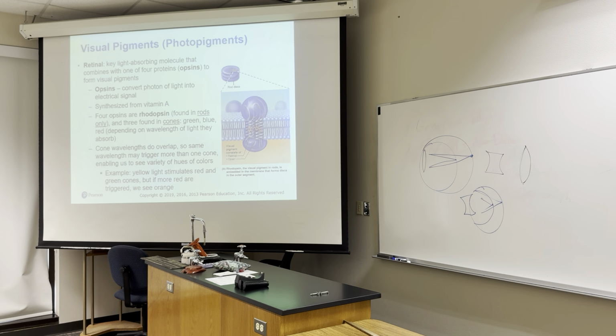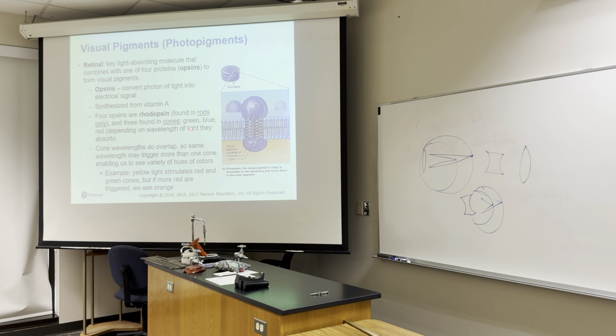That is why your parents tell you to what? Take vitamin A so that you have good vision. So now you know why you need vitamin A. How does that help you see? There are 4 different types of opsins. One is called rhodopsin. Rhodopsin is only for the rod, and there are 3 more for the cones.